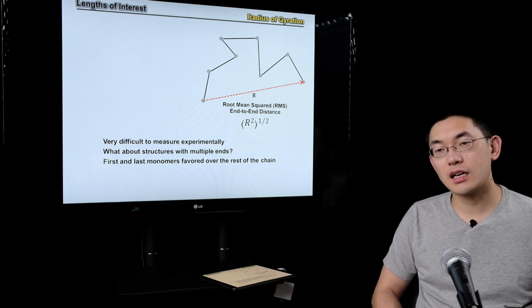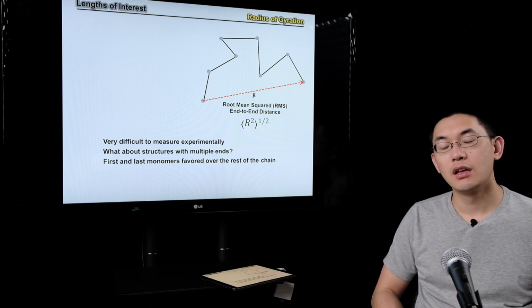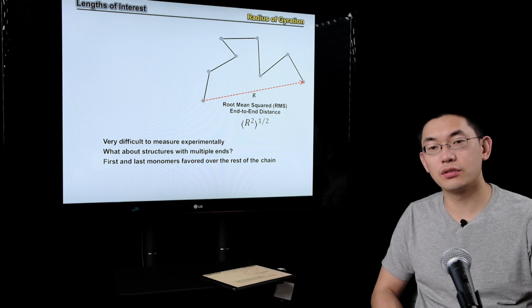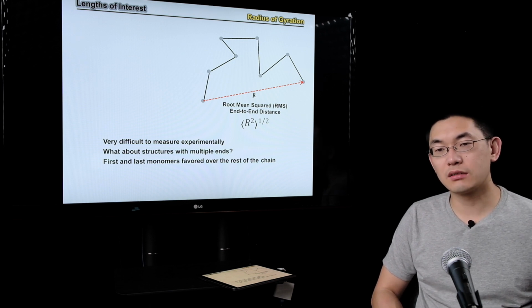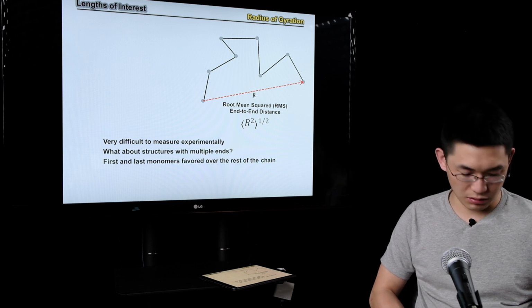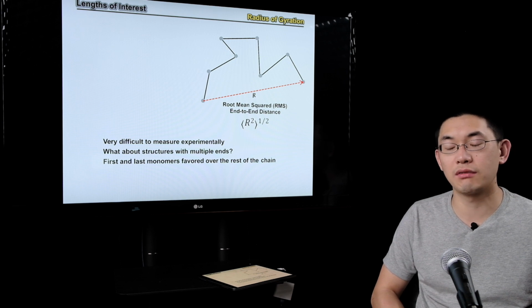In the next class, we're going to discuss how we can physically measure end-to-end distance. Up to now, we only talked about models of how we can visualize them, but there is actually a good technique we can use to measure it, called the scattering technique. I won't teach that technique, but Professor Yung Simon will discuss it with everybody.